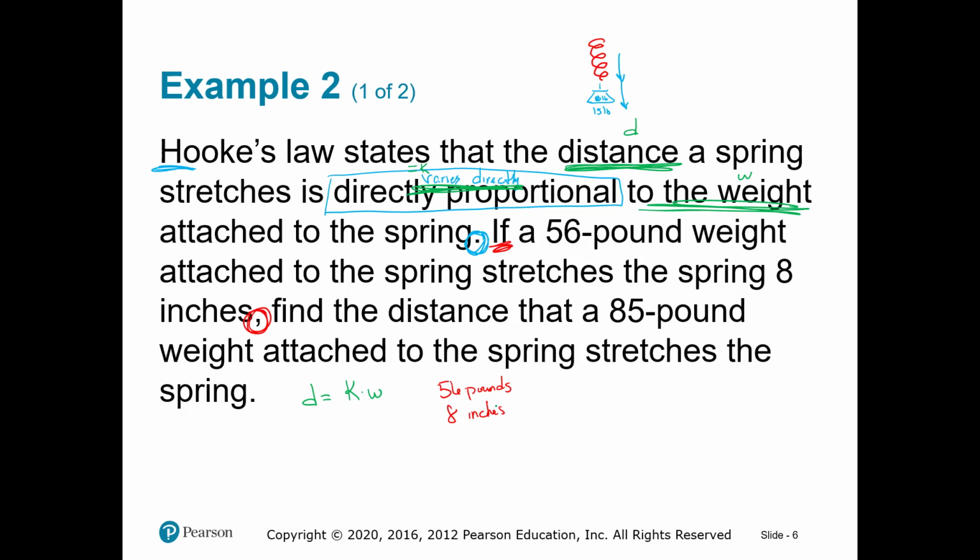So remember, we have two variables. We have D and W. What did D stand for? Yeah, D stood for distance, didn't it? So does one of these numbers stand for distance? Hopefully you said the 8 does. So I know my 8 inches is representing D. And we have this other variable W, which stands for the weight that's actually attached to the spring, which looks like it's 56 pounds, doesn't it?